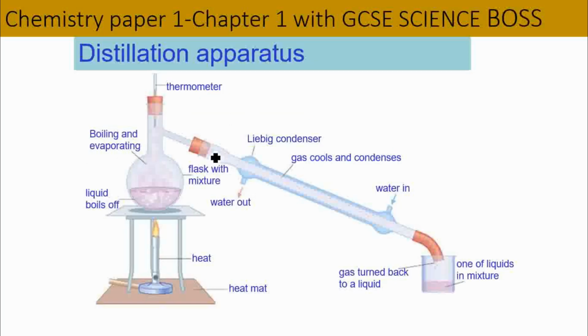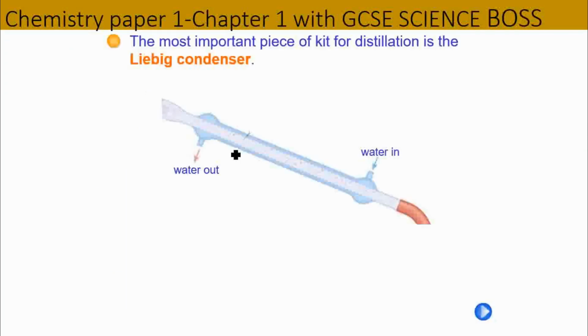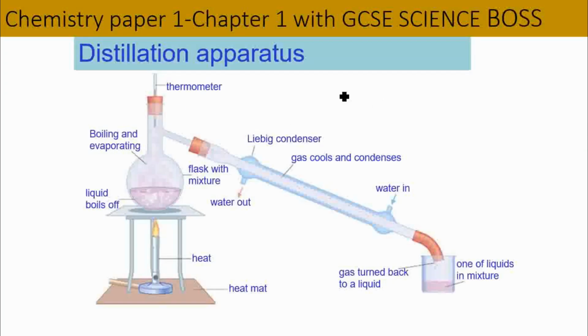Now, another method for separating mixtures is distillation. Distillation is used to separate substances with different boiling points, different BP.